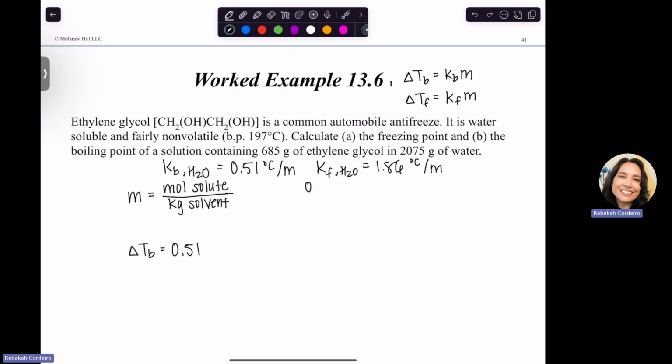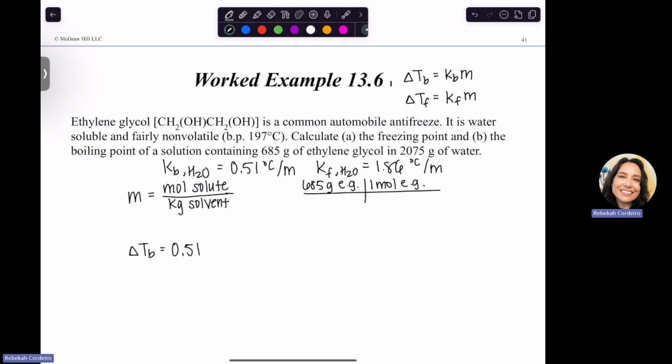So 685 grams, and I'm just going to say EG for ethylene glycol. I go in my calculator, I'm going to find a molar mass for this guy. Formula is rather large, so if you can, try to get really good at using your calculator's parentheses to calculate molar masses.